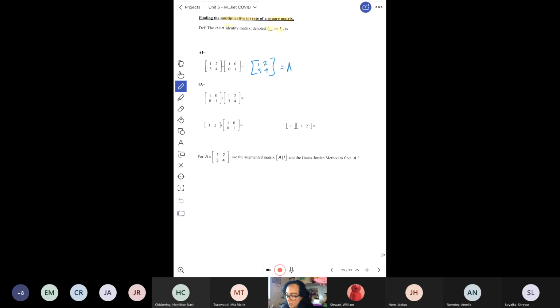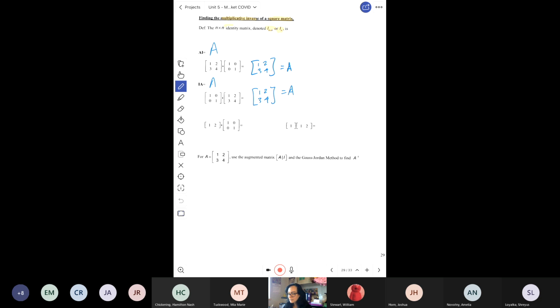If I multiply by that identity on the left, because we know that matrix multiplication is not necessarily commutative, what should I get back? 1, 2, 3, 4. Again, I should get back the original matrix. It doesn't matter whether you multiply on the left or the right by the identity, it's still multiplying by 1.